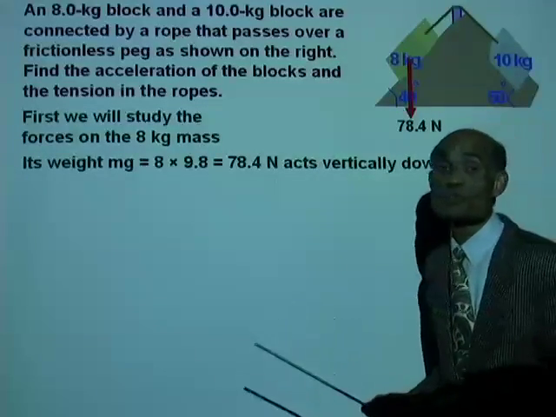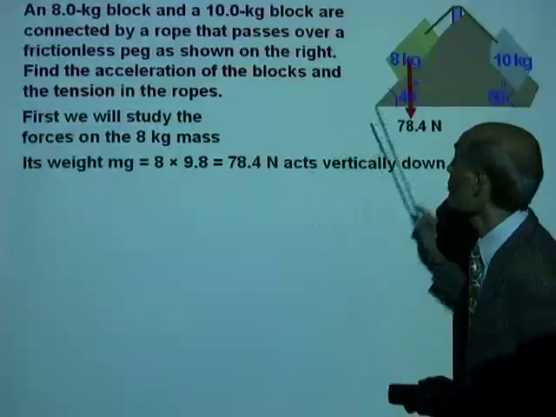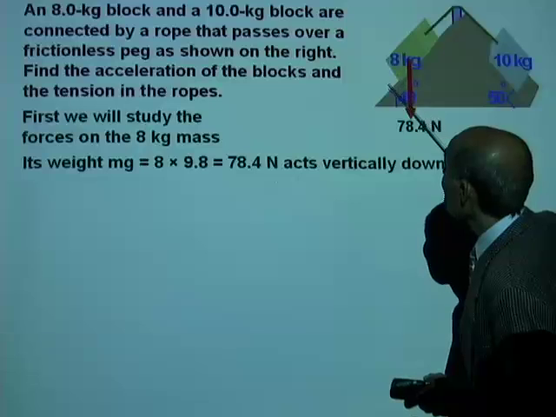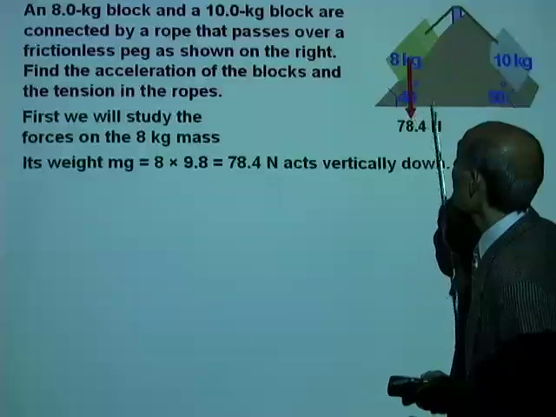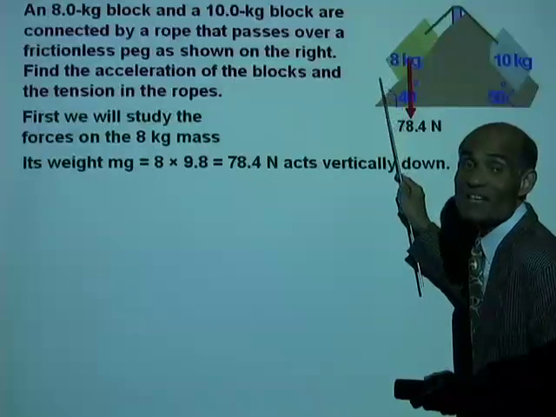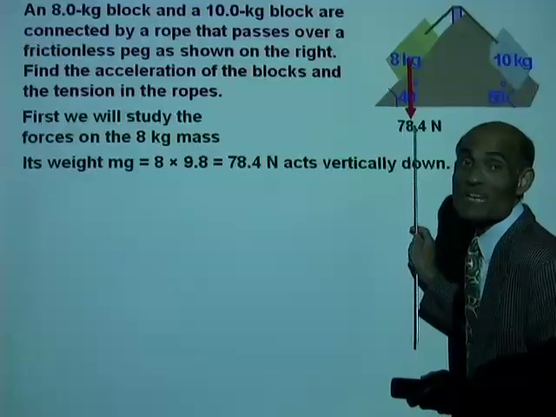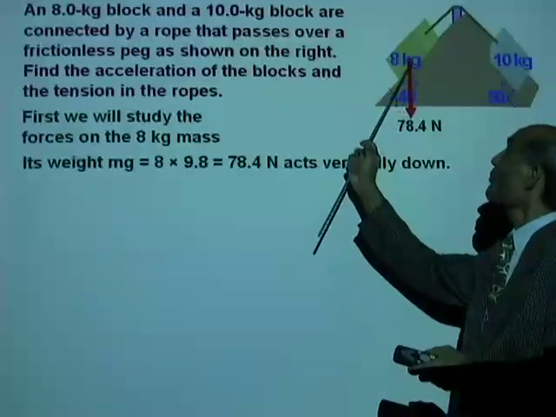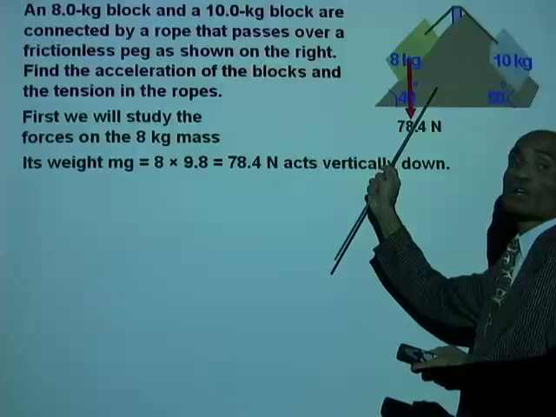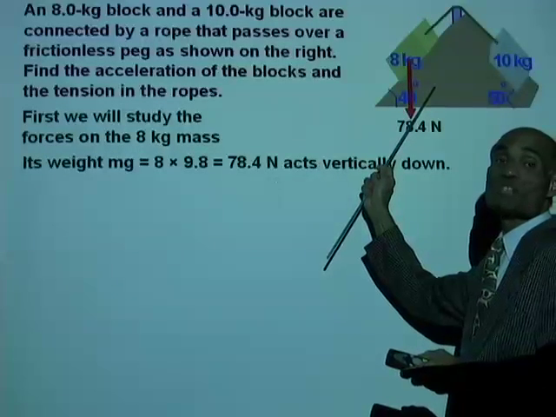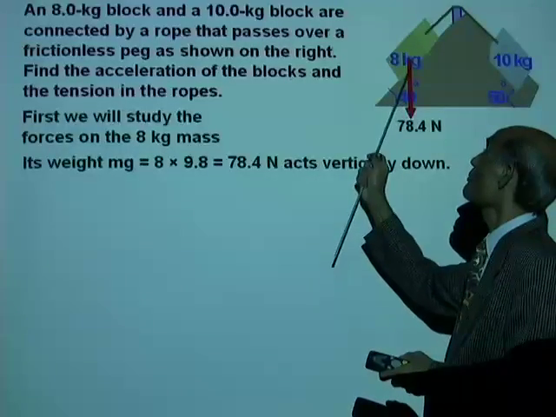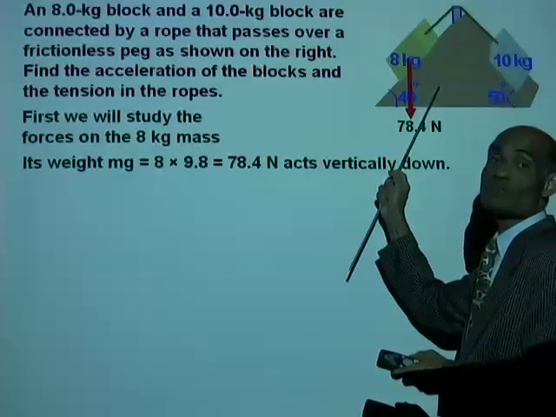Alright, what are the two components of that force? A component of that will be pulling the box down the plane. That will be mg sine theta, 78.4 sine 40 degrees. And the force pressing the block will be mg cos theta. That will be 78.4 cos 40 degrees.